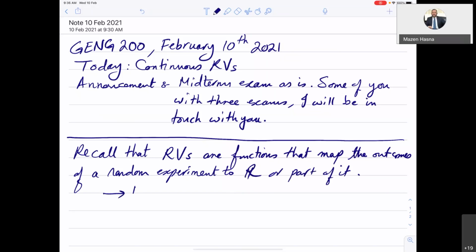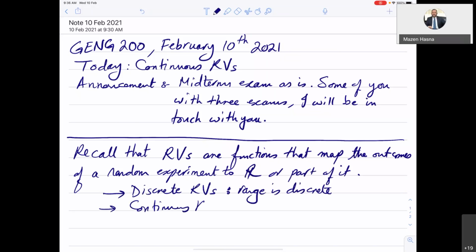And we said in case of discrete random variables, the range is discrete, while what we are doing today for continuous random variables, the range will be all the real line or part of R.